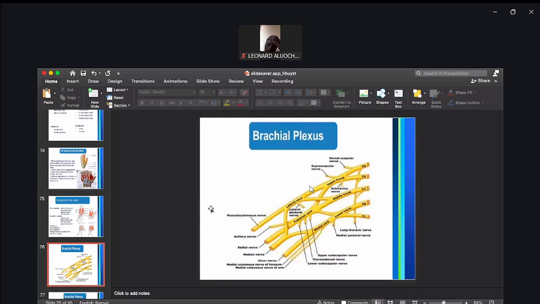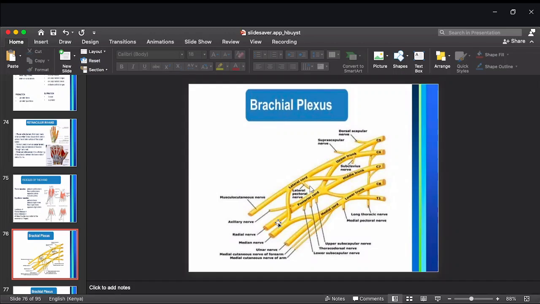If you say the axillary nerve is C5, C6, you can see why: C5 and C6 are combining to form the axillary nerve here. If you say the radial nerve is C5, C6, C7, C8, you can see why.